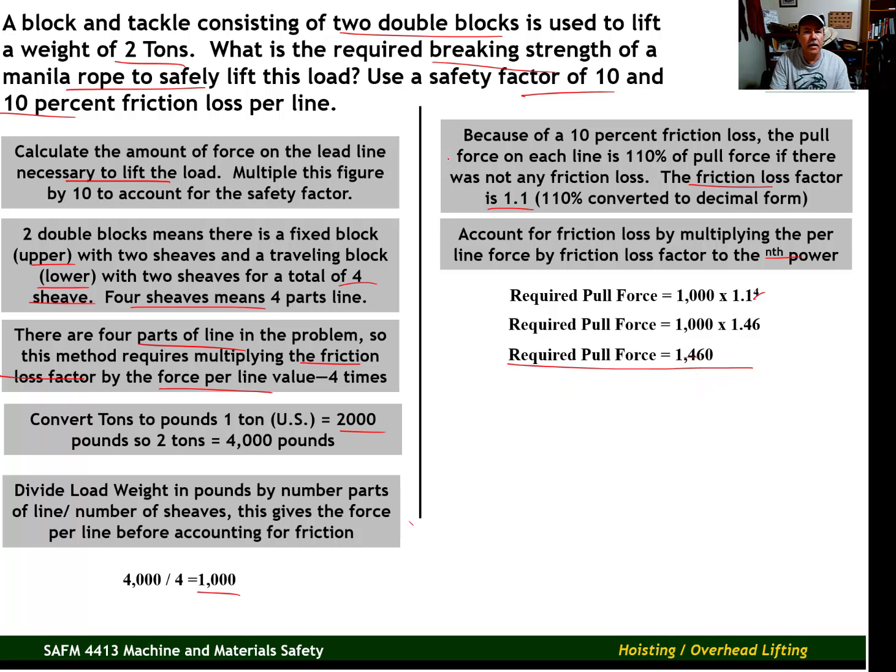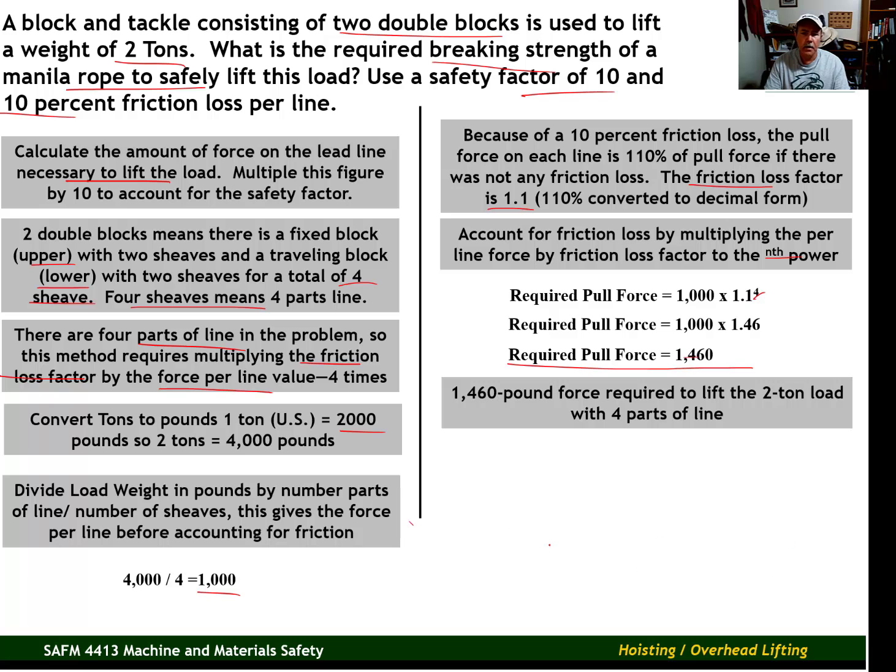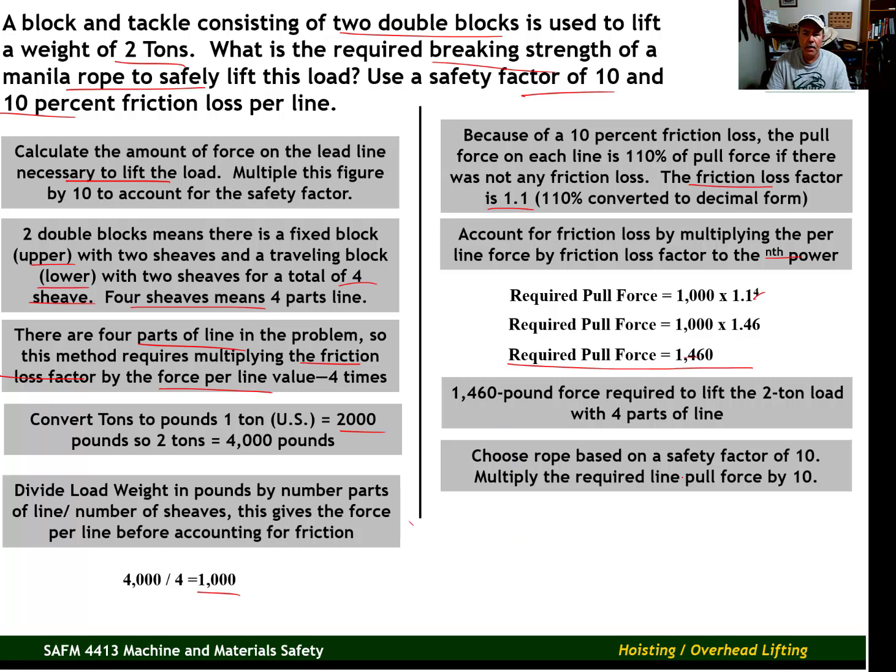But they're asking us what is the breaking strength of a manila rope to safely lift this load using a safety factor of 10. So we need to take this 1,460 pound force and multiply by 10, which is the safety factor. Multiply the required line pull force by 10.